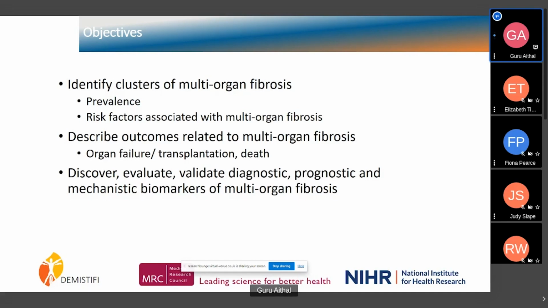Then we wanted to identify biomarkers or signals which might be genetic. I just gave you an example of, or simpler available tests that might pick up, so that you can get a trajectory.